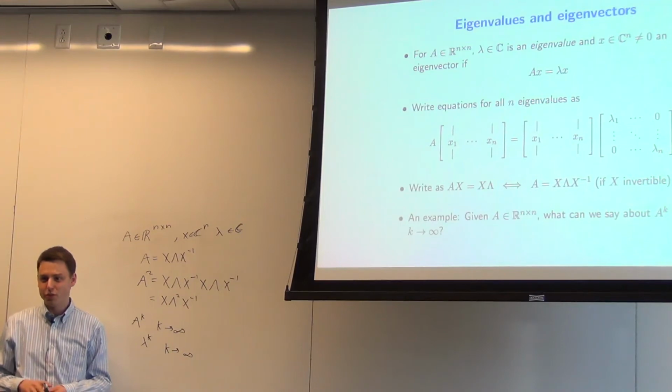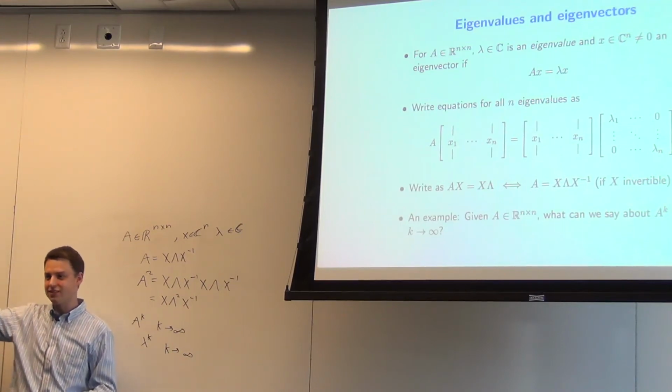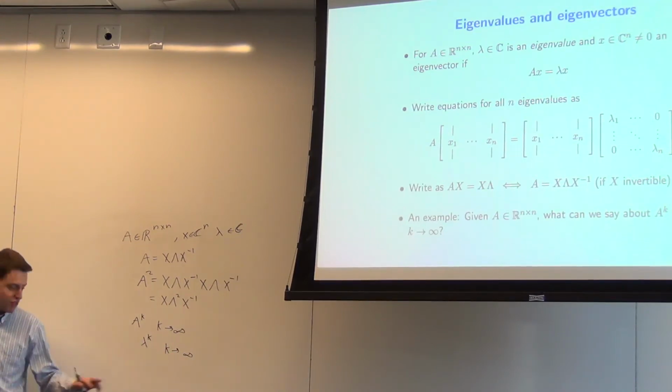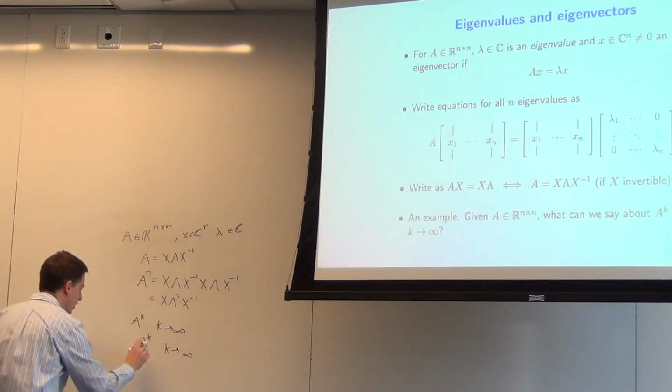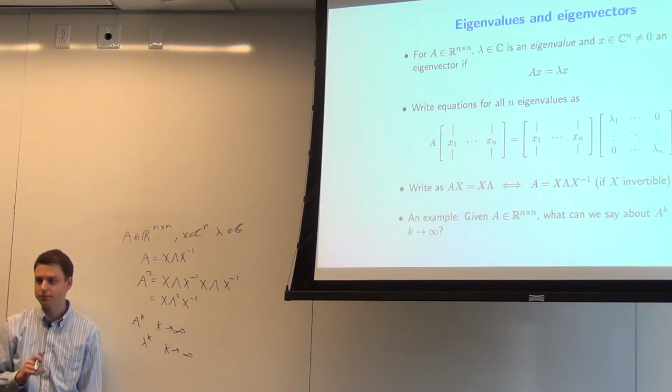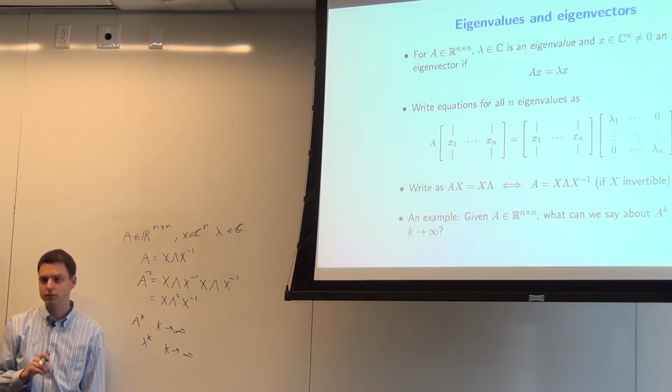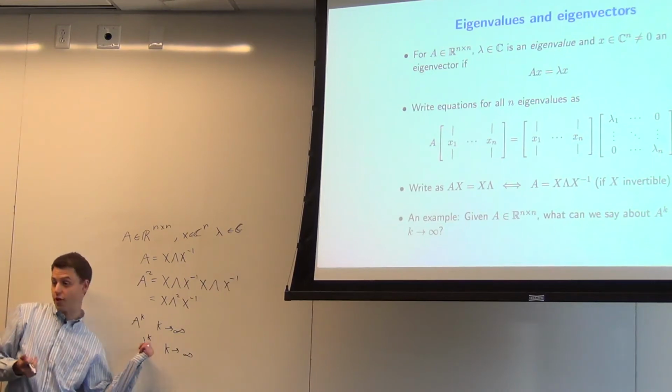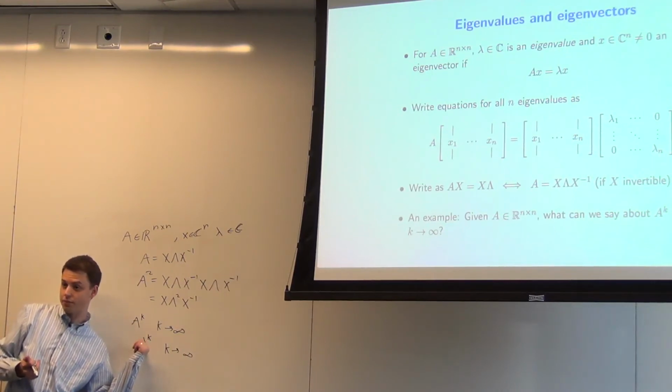Right. So lambda squared is 4, lambda to the third is 8. It would get bigger, and this would go to infinity as k goes to infinity. But what if lambda is equal to 1/2? Right? In that case, this goes to 0 as k goes to infinity.